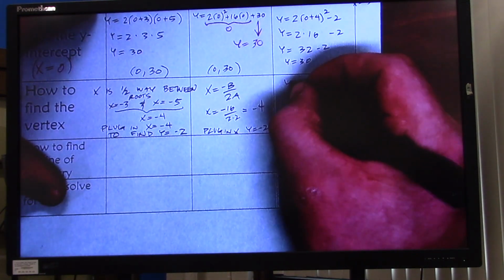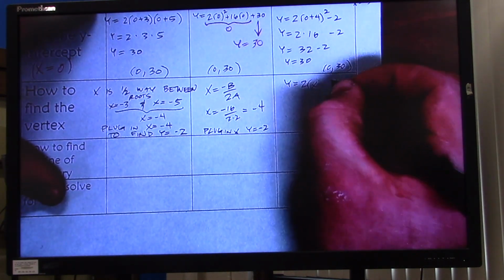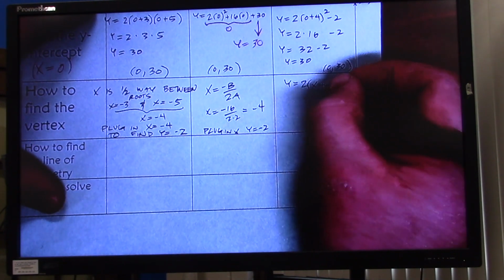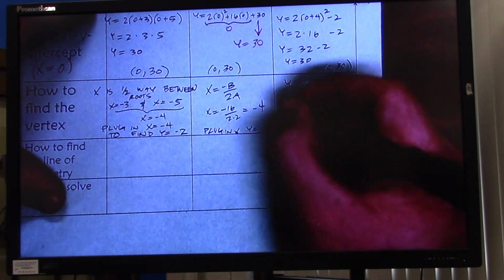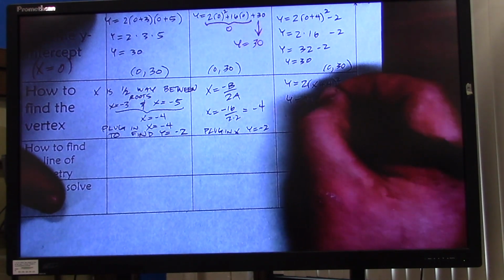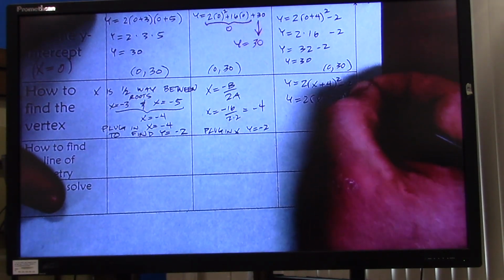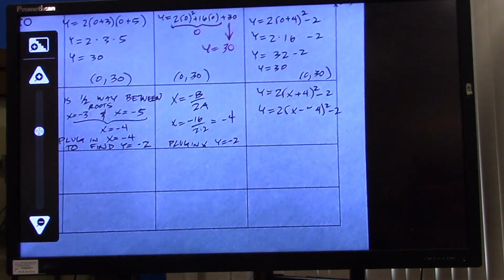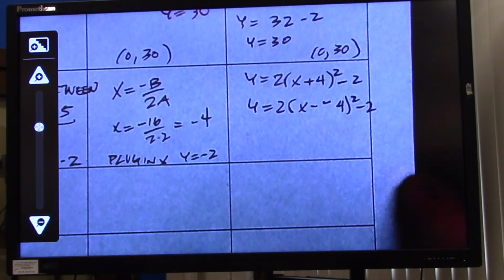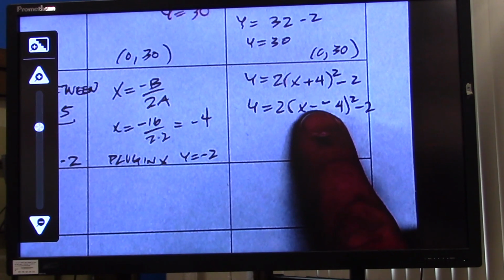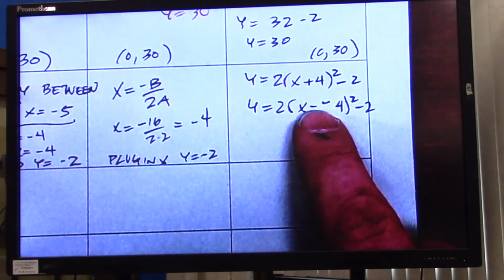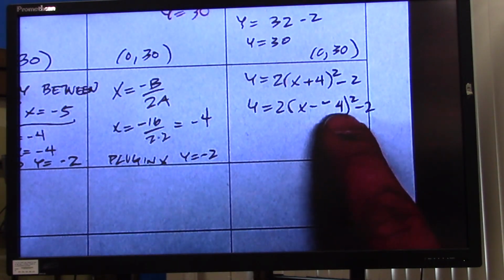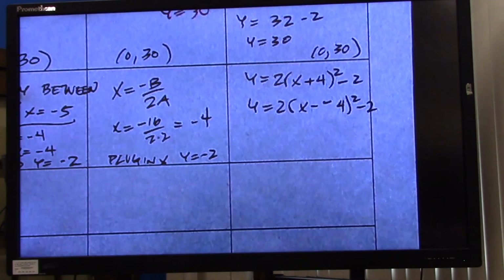Okay, the last one here, y equals 2. This one is not really algebraic at all. I wrote the equation in the form that it's supposed to be in, with a minus here, so that the plus is actually expressed as a double negative.